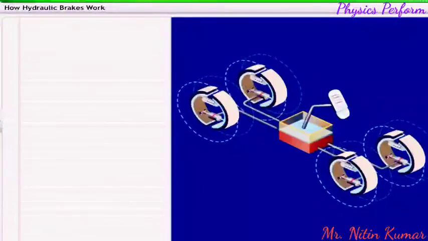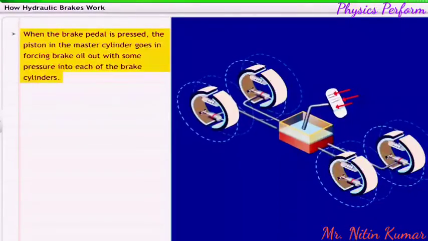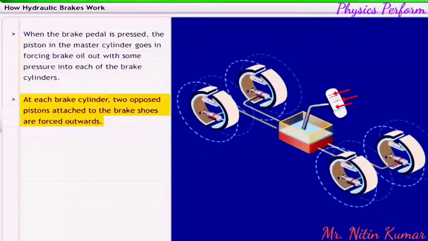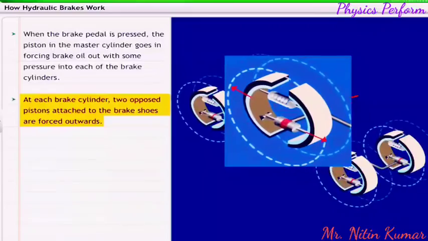Now let's see how this arrangement of hydraulic brakes works to enable a driver to stop a car when driving. When the brake pedal is pressed, the piston in the master cylinder goes in, forcing brake oil out with some pressure into each of the brake cylinders. At each brake cylinder, 2 opposed pistons attached to brake shoes are forced outwards.